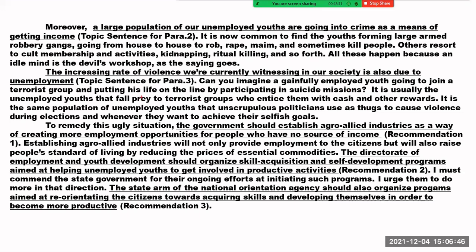It is usually the unemployed youths that fall prey to the terrorist groups who entice them with cash and other rewards. It is the same population of unemployed youths that unscrupulous politicians use as thugs to cause violence during elections and whenever they want to achieve their selfish aims.